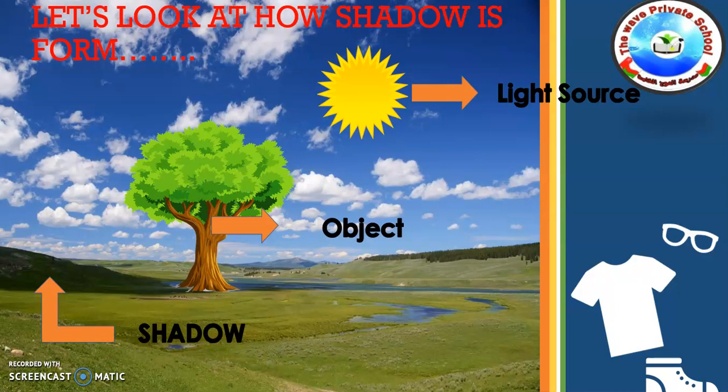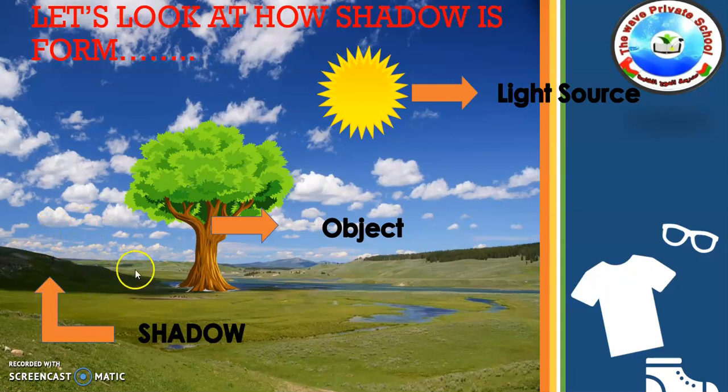Now, how did the shadow form in this picture? Listen. From our light source, which is the sun, it will reflect to the object, which is the tree. And since the light from the sun cannot pass through in this area, this area will form a dark part.